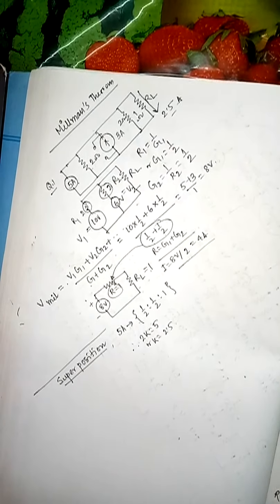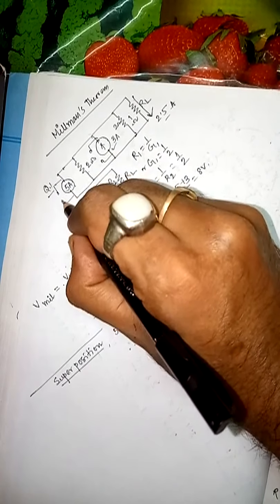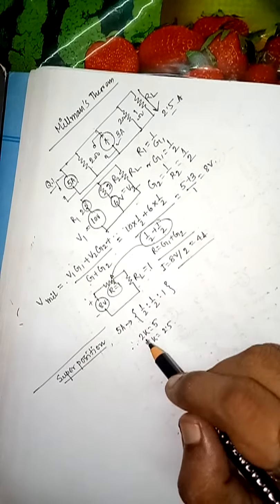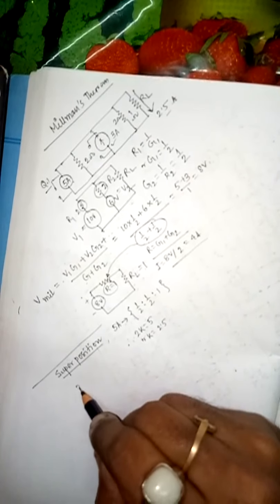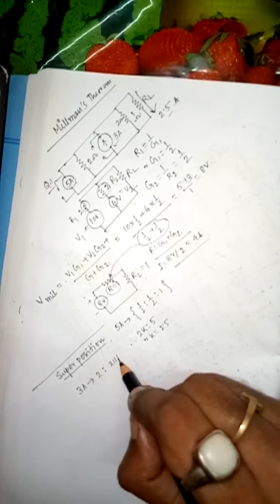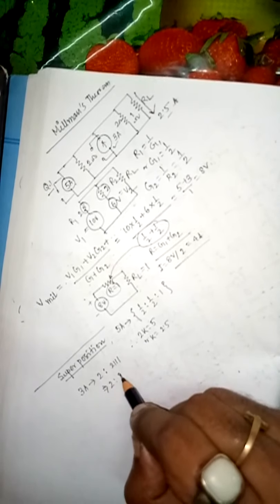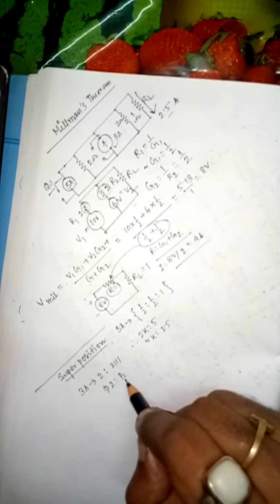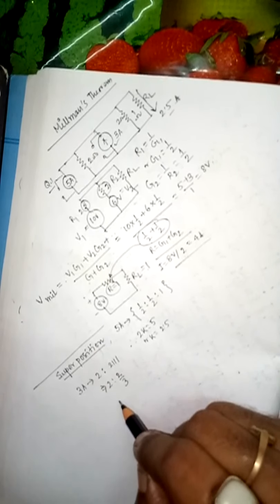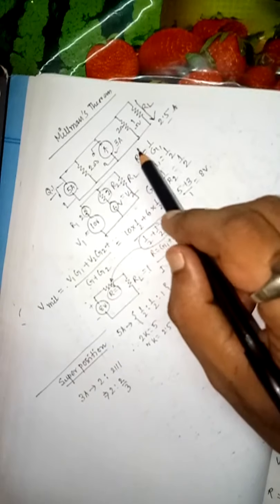Again, we make the other source active and make this one open. So what is the current then? It is 3 ampere. The 2 ohm is in parallel with 1, so it divides in the ratio 2 is to 2/3. So what is the current in this 2/3 branch?